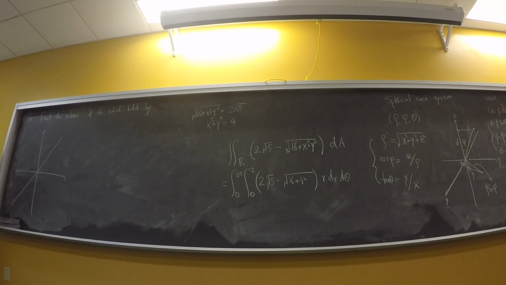I want to see what the function means if I fix rho as a constant. If the distance between the points and the origin is a constant, what does it mean for this equation? It's going to be a sphere with radius rho, am I right?